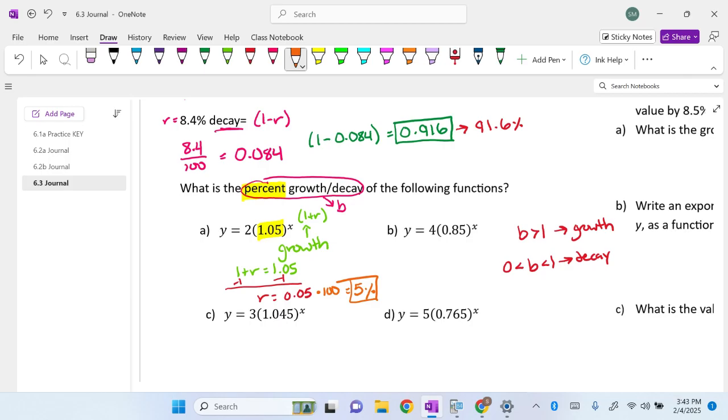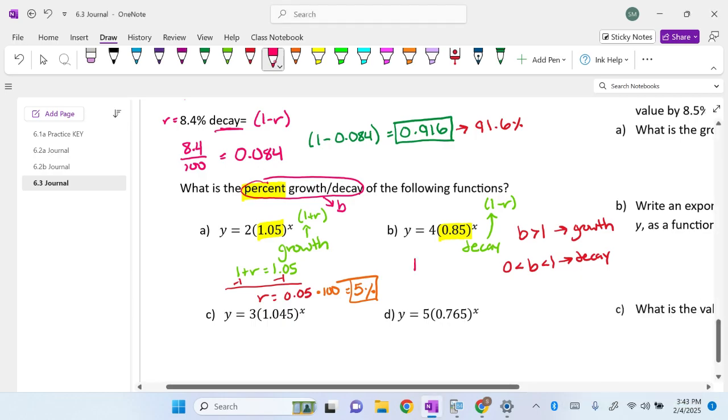All right, same thing for letter B. Here's our b value. Since it is less than 1, we're assuming that it's a decay. So we're using 1 minus r. Again, you can set up a very quick equation. So 1 minus r is equal to 0.85. I'm going to subtract the 1 from both sides.